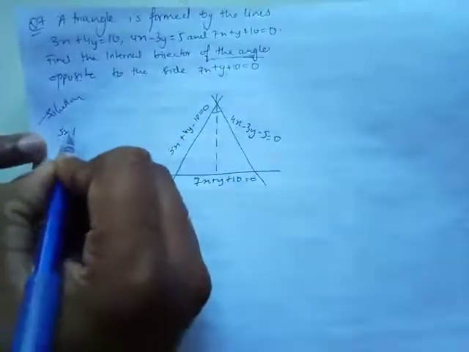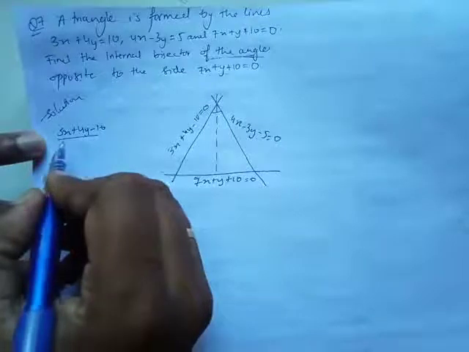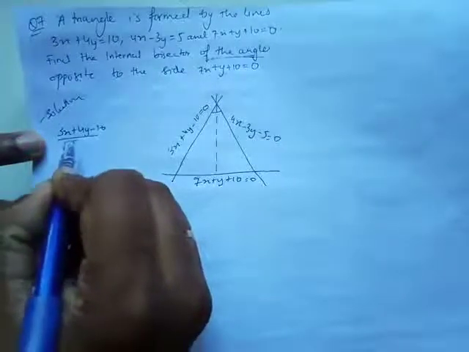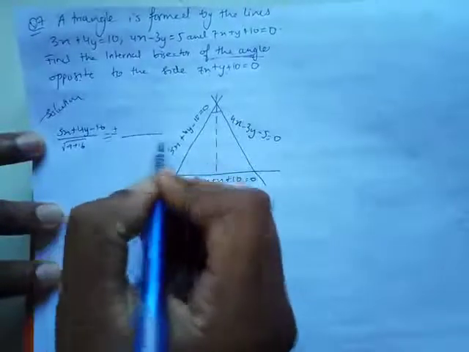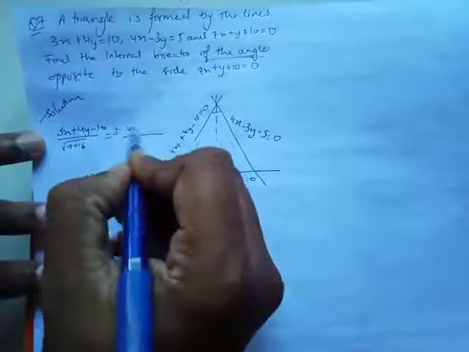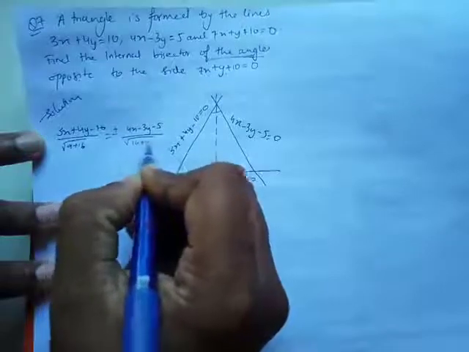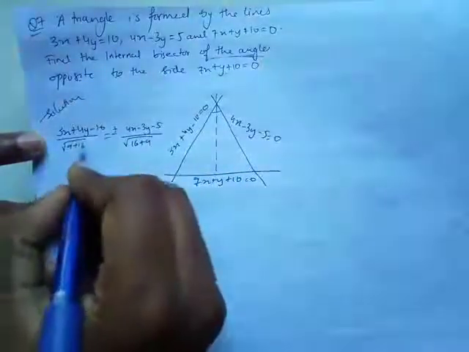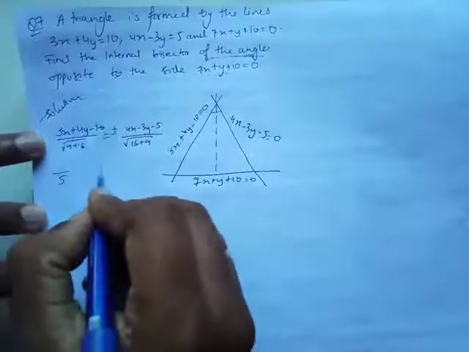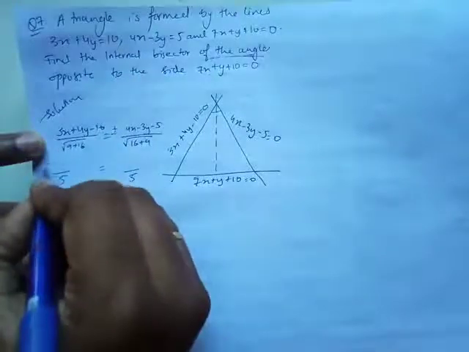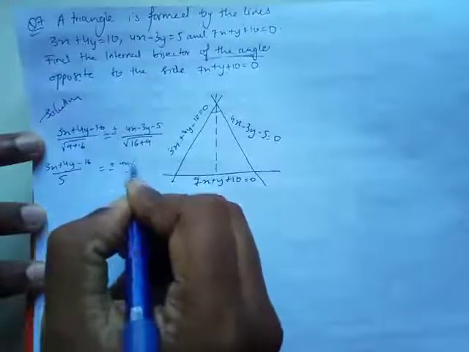So 3x plus 4y minus 10 over root of 3 का square, that is 9, plus 4 का square, that is 16, equals plus minus 4x minus 3y minus 5 over root of 4 का square, that is 16, plus 9. This gives me 5 out, and this also gives me 5 out, and then 3x plus 4y minus 10, and over here plus minus 4x minus 3y minus 5.